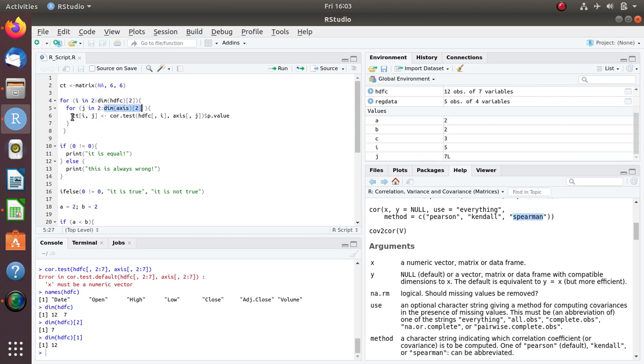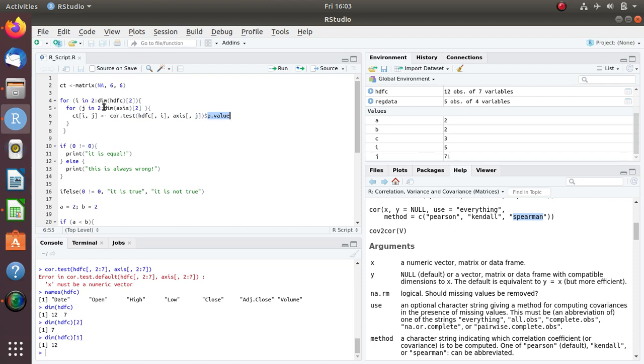Now compute the correlation for HDFC i and HDFC j. For each i, when i is 2, the entire j loop will be finished for this statement. R computes the correlation test and returns the p-value for each i and j.